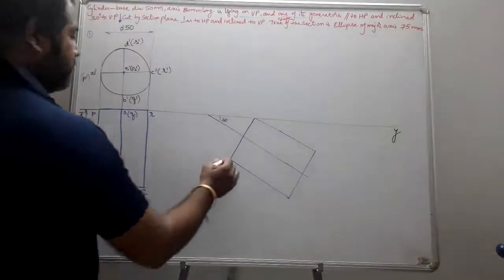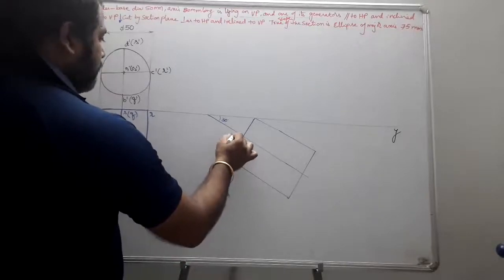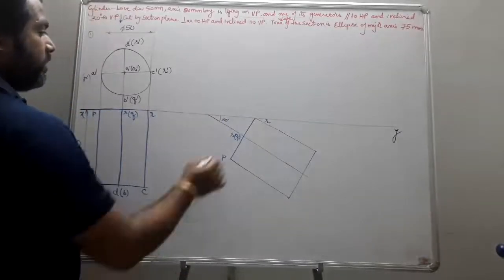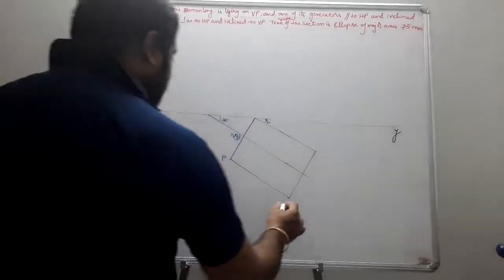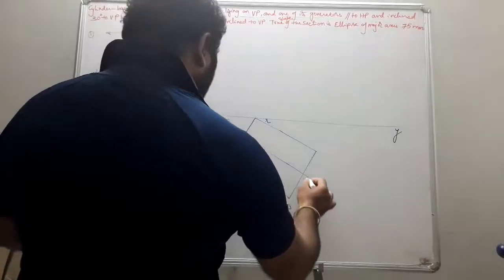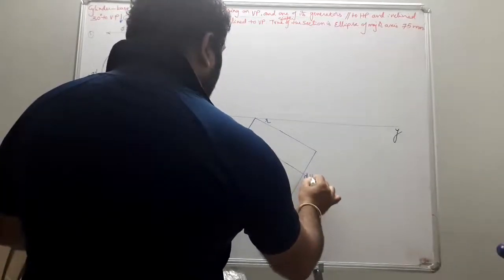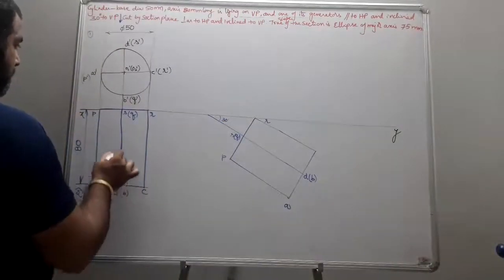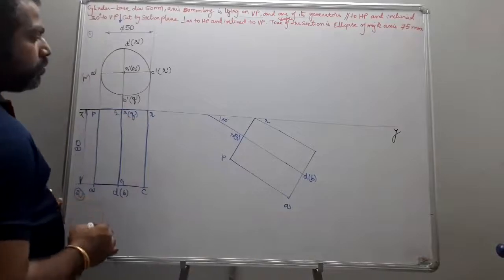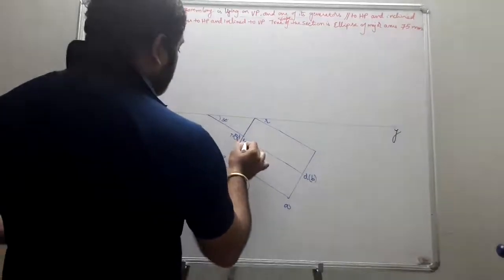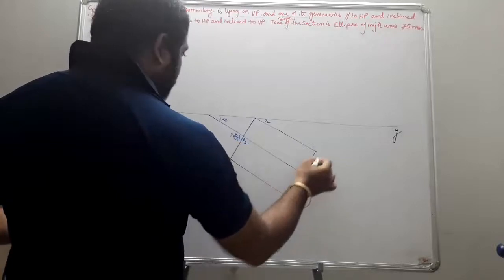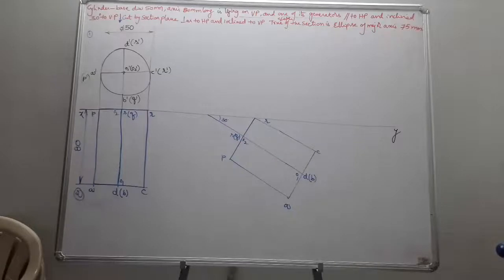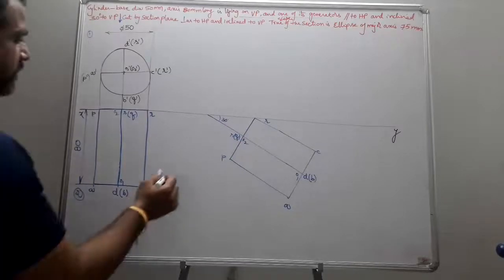So this becomes P, S of Q, and it is R. This point is R. Next it is A, P of B, O1, O2. Okay, so this is O2, this is O1, and it becomes C. Now, this is your third step. This was step 3.